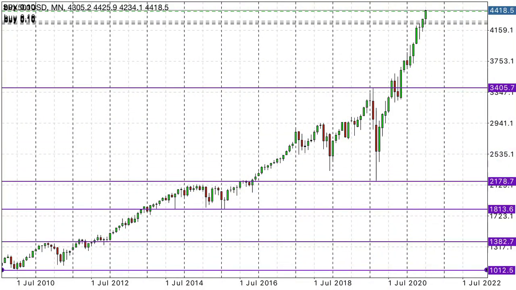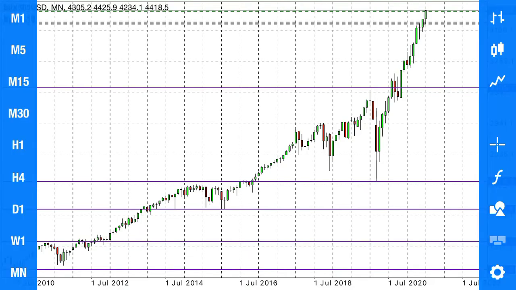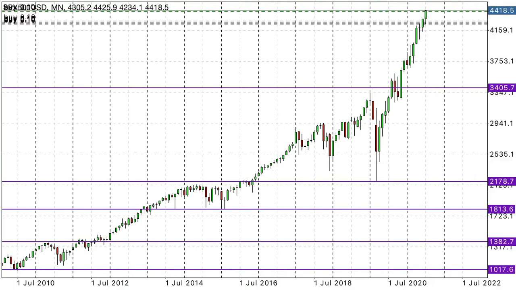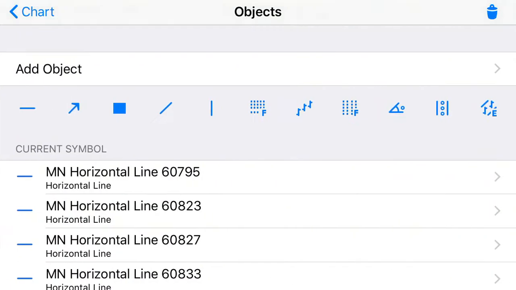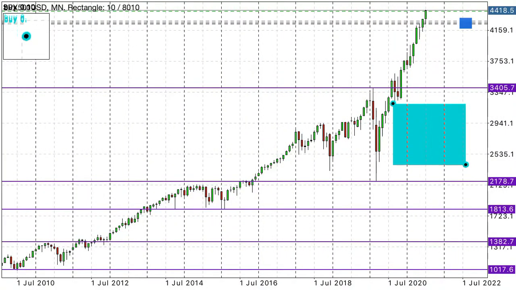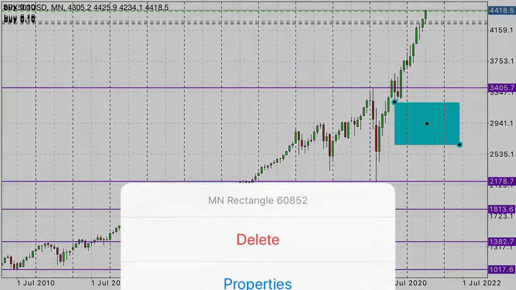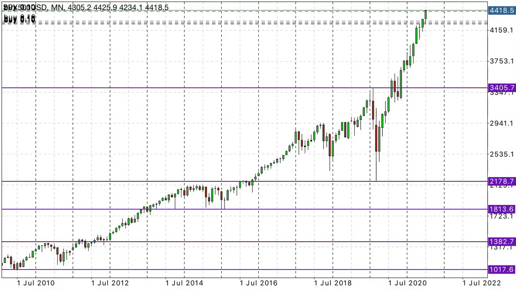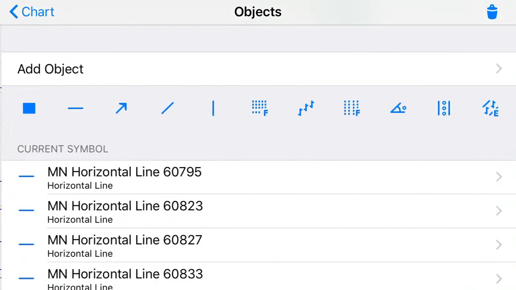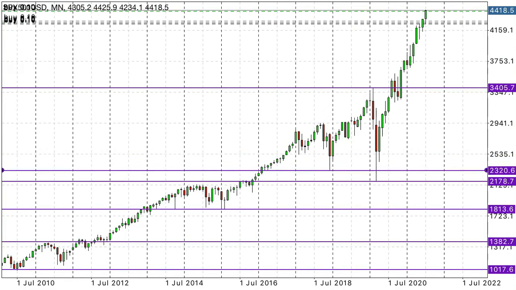To predict the future. That's what we call technical analysis. On a monthly time frame, I'm done identifying all my obvious support and resistance.